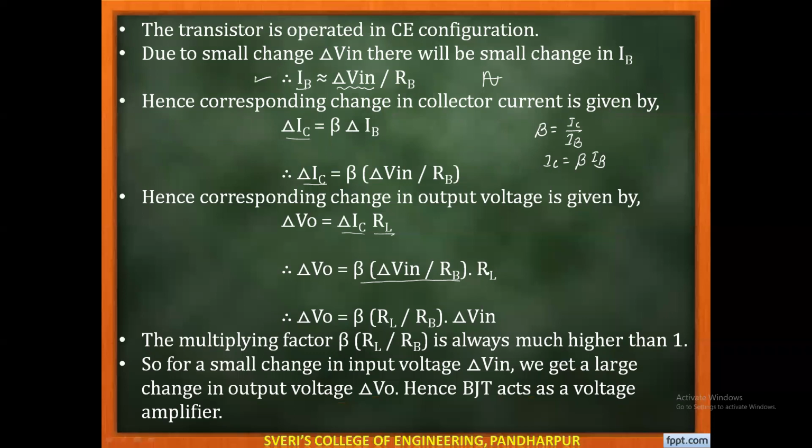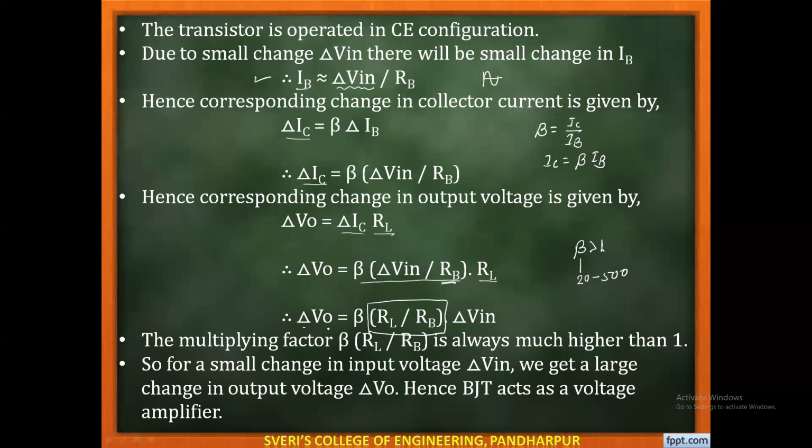Now in that, RL is a constant, RB is also constant, and we know that the value of beta is far greater than 1. It depends upon which type of transistor is used. The range of beta is 20 to 500. So if you concentrate here, RL upon RB is the constant parameter.